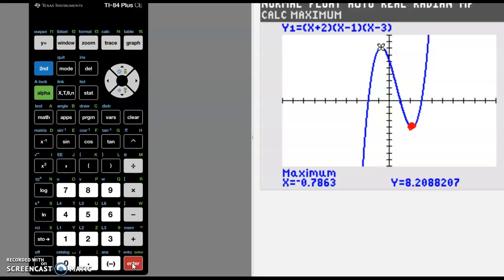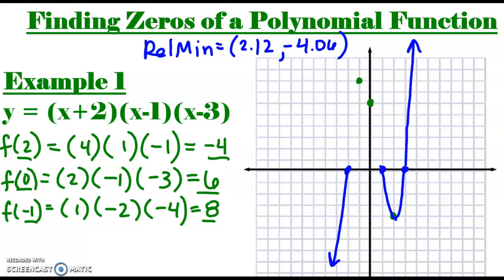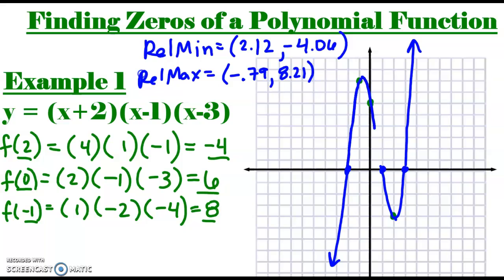So then I can see the relative max, rounded to the nearest thousandth, happens at negative 0.79, 8.21. So the actual top of this mountain is negative 0.79, 8.21, about right there, right? So that would be the top of the mountain. That's how you find the exact places where the mountains top off, the relative maximums, and the relative minimums where the valleys are.